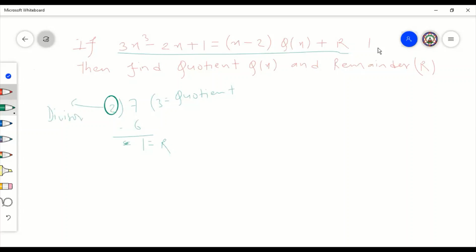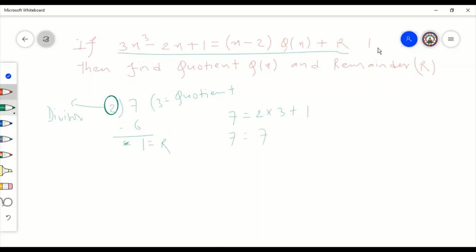So now in this case, if you want to check whether what we divide in a particular way is correct or not, we can check like that. Suppose this 7 must be equal to the divisor 2 into quotient 3 plus remainder 1. What we get? 7 equals to 7.